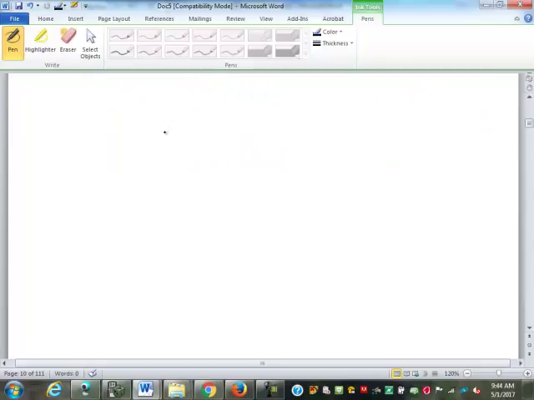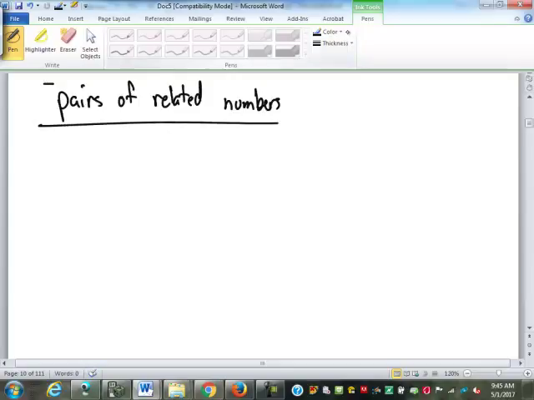Okay, our last thing we want to look at for today is starting on ordered pairs. There's a lot of times where we have pairs of numbers that we have to put together. Pairs of related numbers. It could be height and weight.